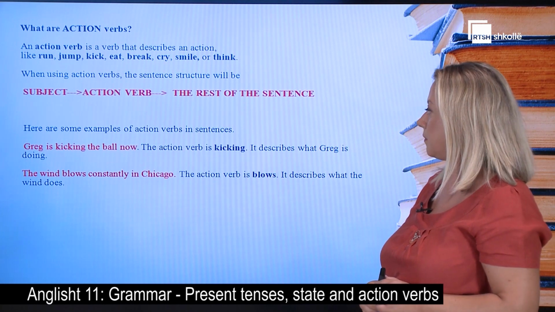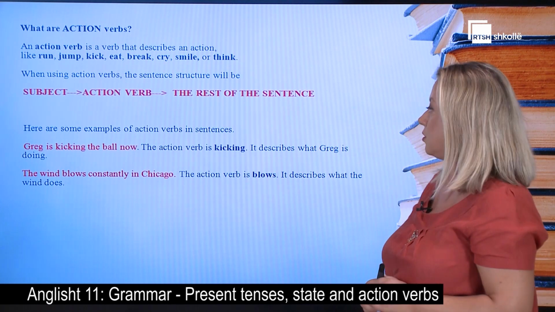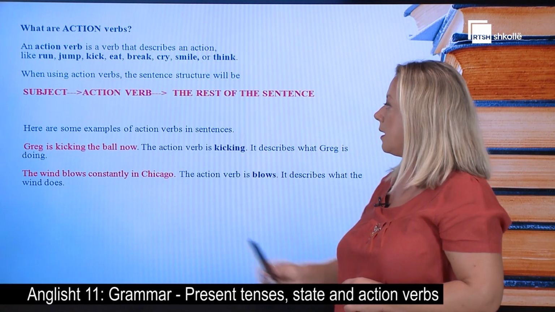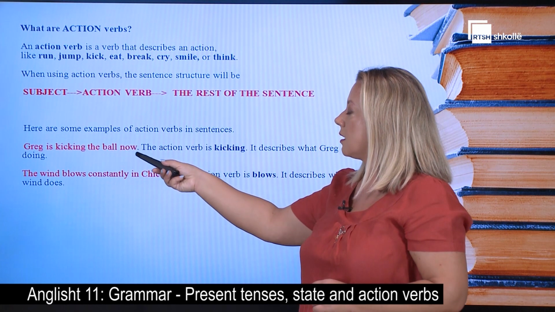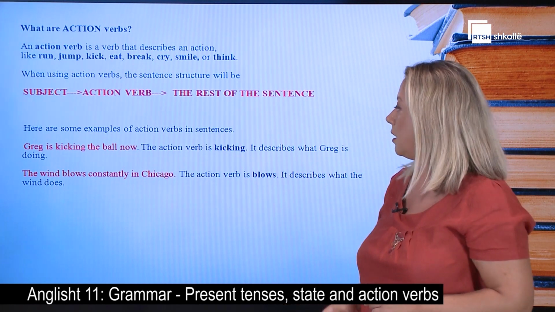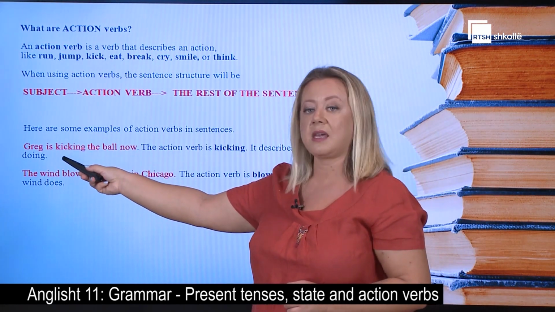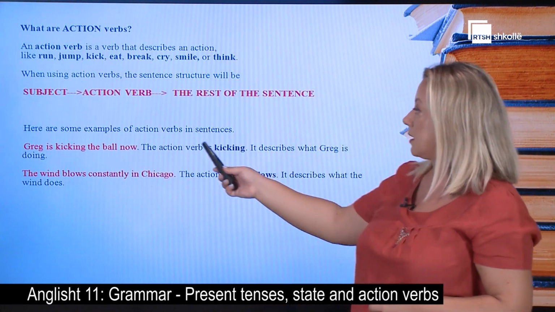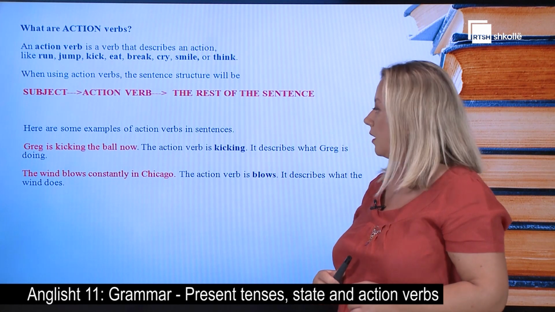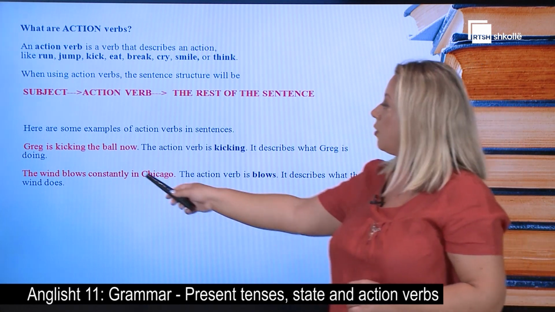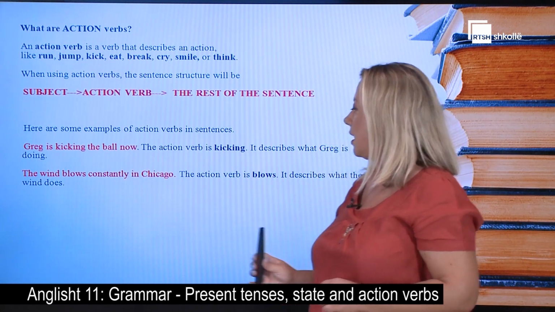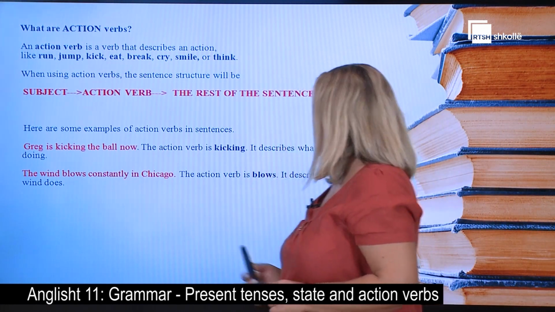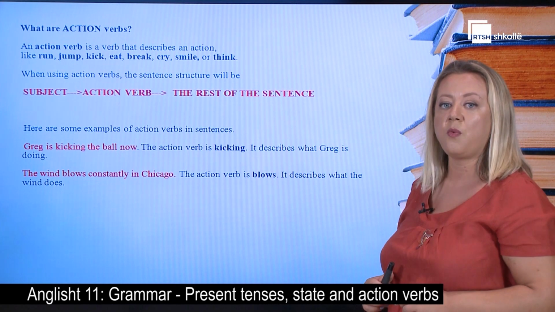Here are some examples I chose for you of action verbs in sentences. Greg is kicking the ball now. Here, the action verb is kicking and it describes what Greg is doing. The second example, the wind blows constantly in Chicago. Here, the action verb is blows and it describes what the wind does.